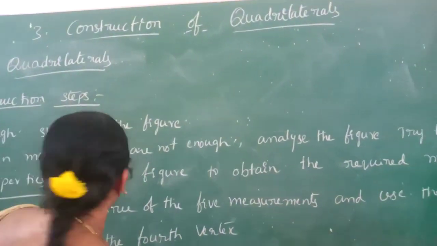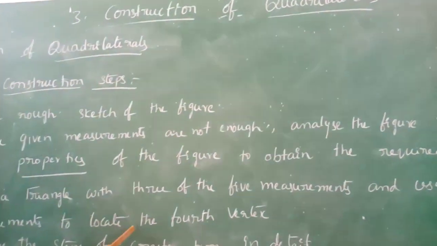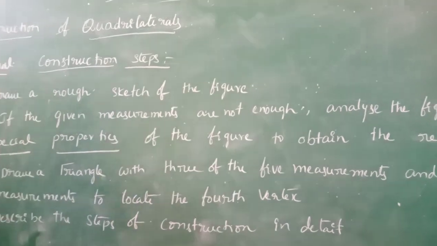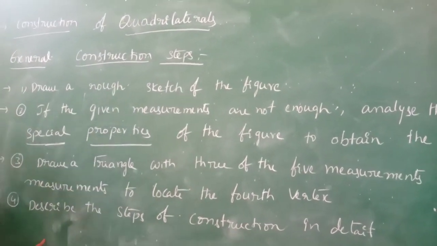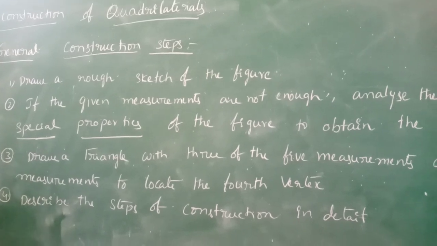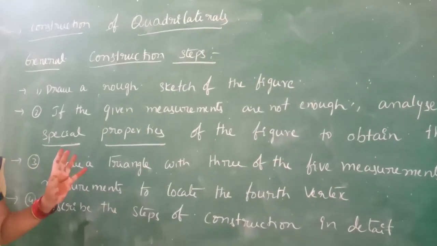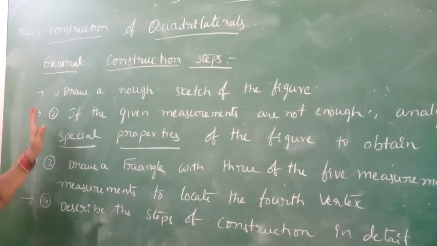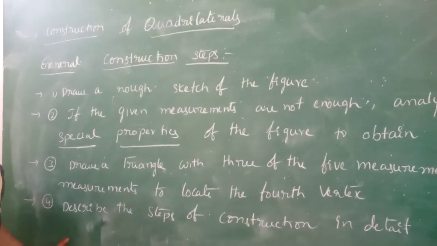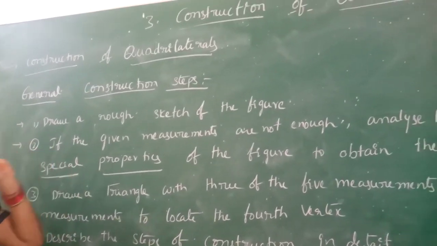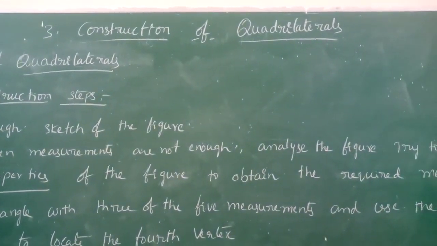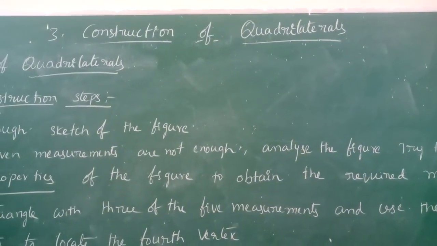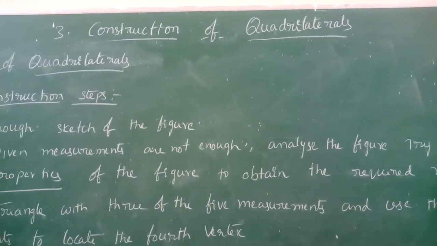Draw the triangle with the 3 of 5 measurements and use the other measurements to locate the fourth vertex. Okay, describe the steps of construction in detail. Children, did you understand? These are the general steps for the construction of the quadrilateral. Hope all of you understood the concept.